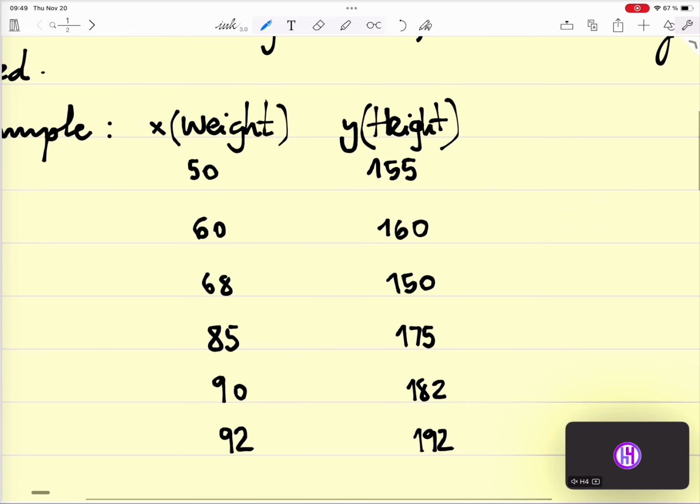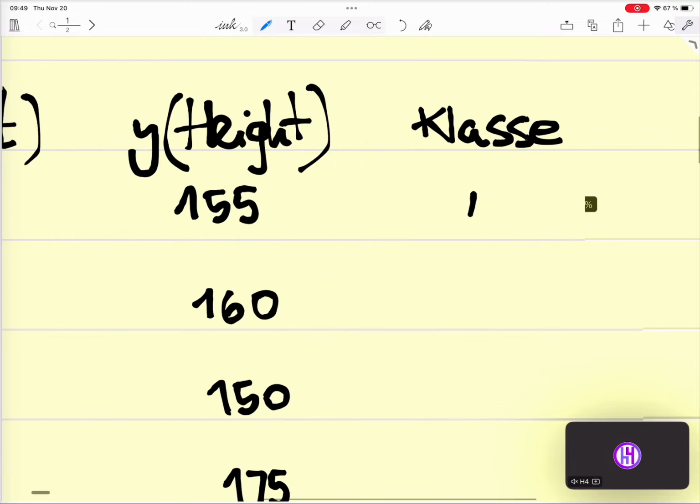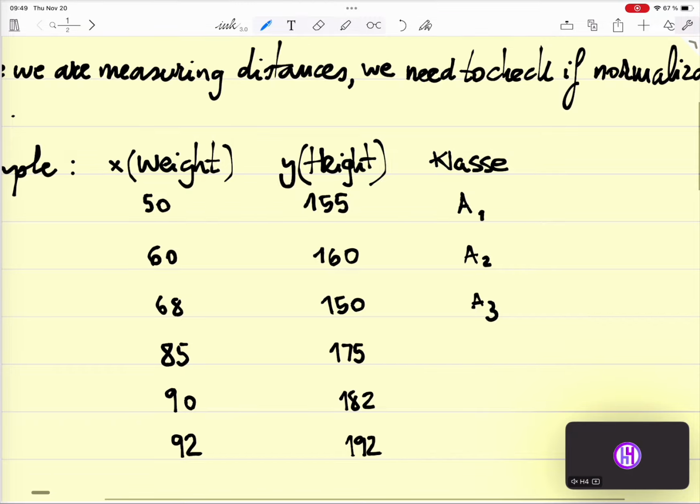And then we say these data belong to 2 groups, group 1 or group A. So this is going to be A1, A2, A3, maybe women, and this is B1, B2, B3, maybe men.